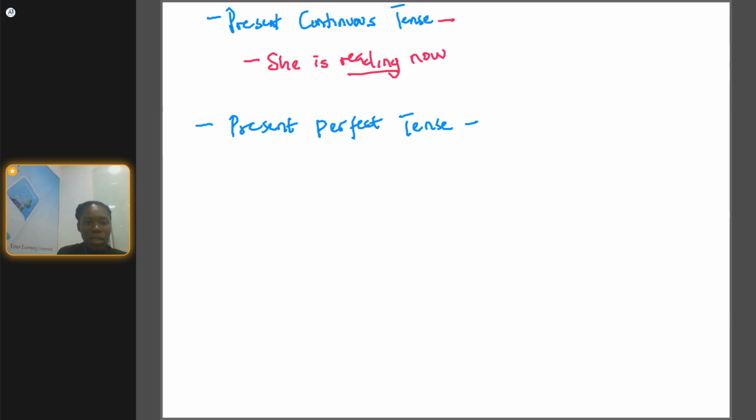Okay, basically something happening right now. And then the present perfect tense talks about something that started before now, but it still matters. Okay, it started before now, but it matters presently.